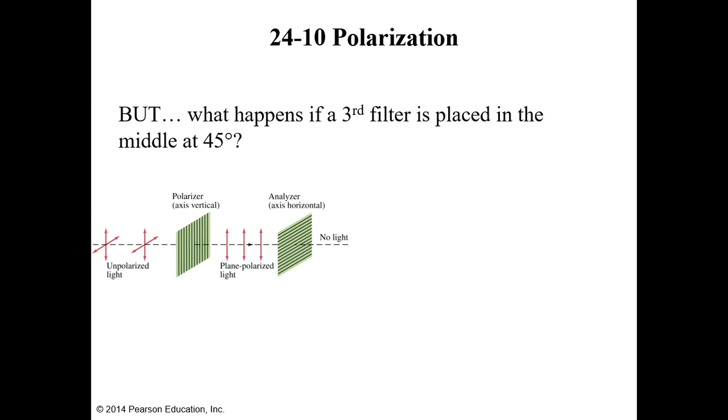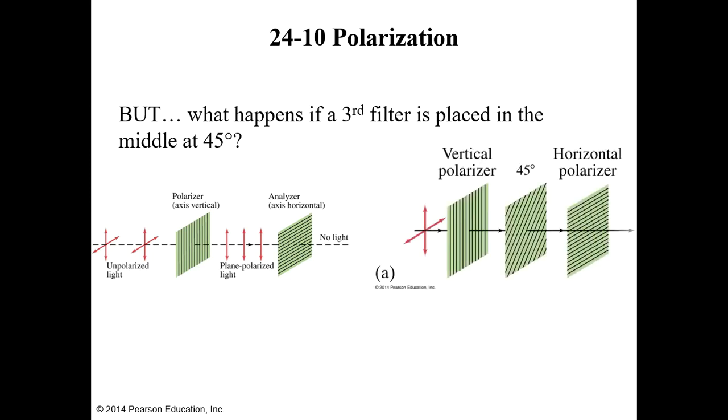So you have your two filters, one vertically polarized, which polarizes the light vertically, and then a horizontal filter, which will then block all the light. What would happen if I place a third filter in the middle, oriented at 45 degrees? Well, let's say that here I have some intensity I naught.